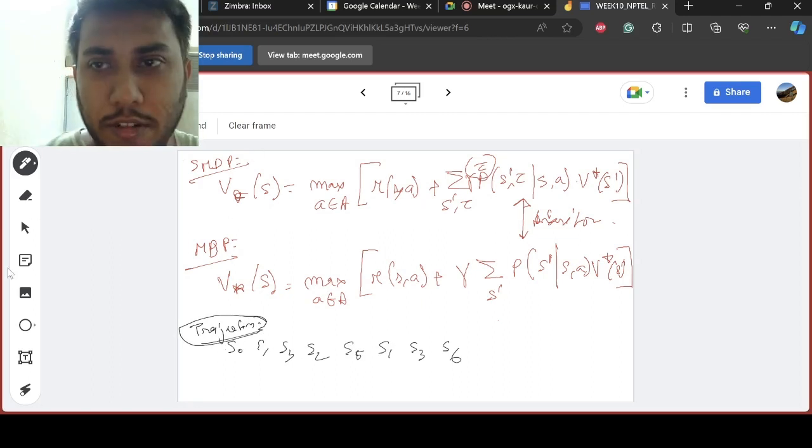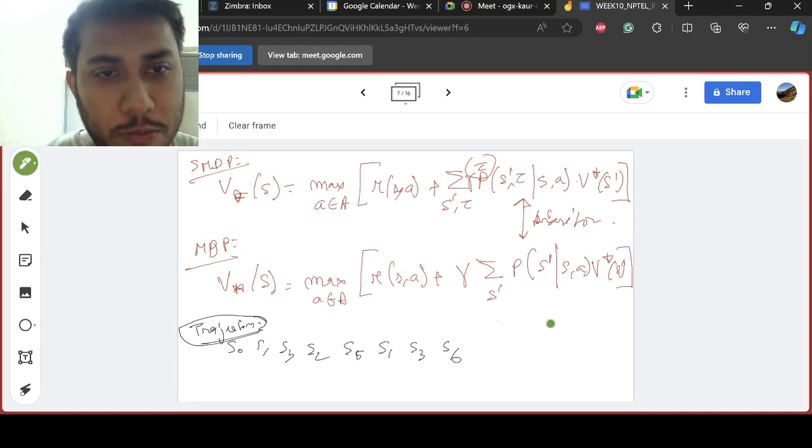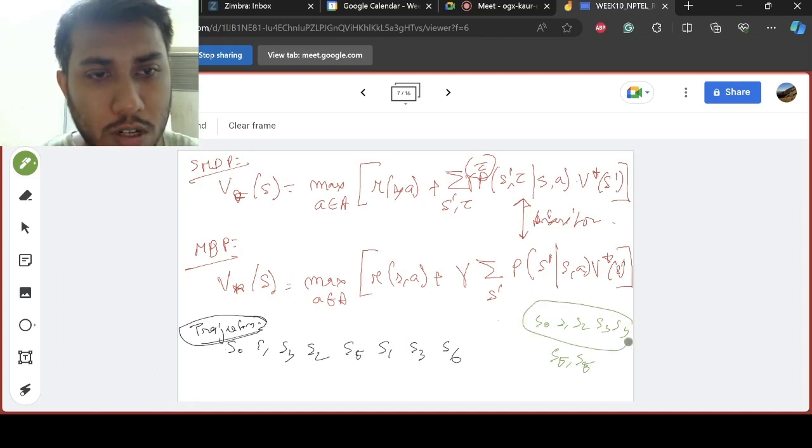And what you are trying to do here now is group. Suppose there are 5 states: s0, s1, s2, s3, s4, and then you have s5 and s6. Suppose this is one module and this is another module, right?